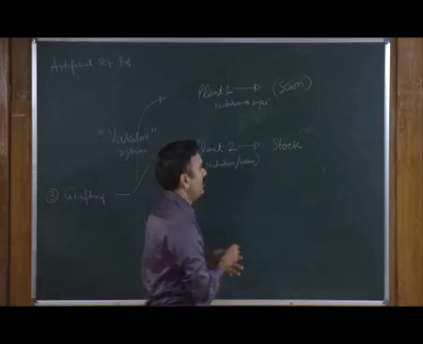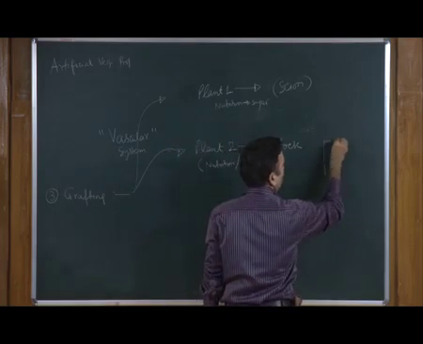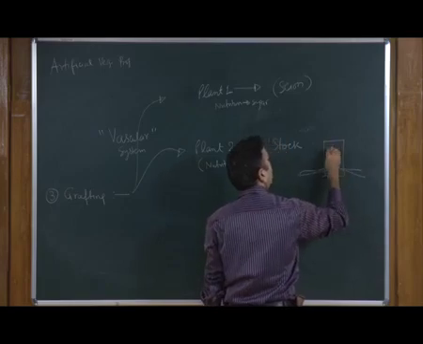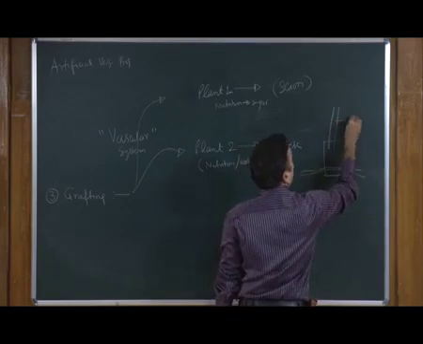So you take a stock, which is your original plant, and on this you add the scion.